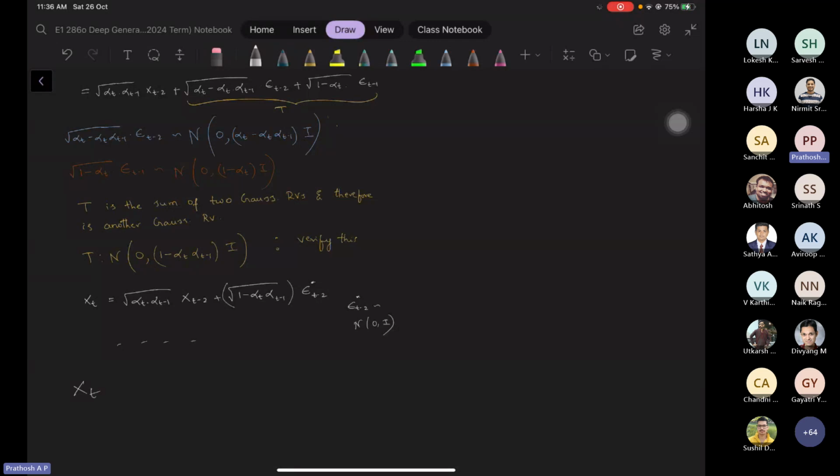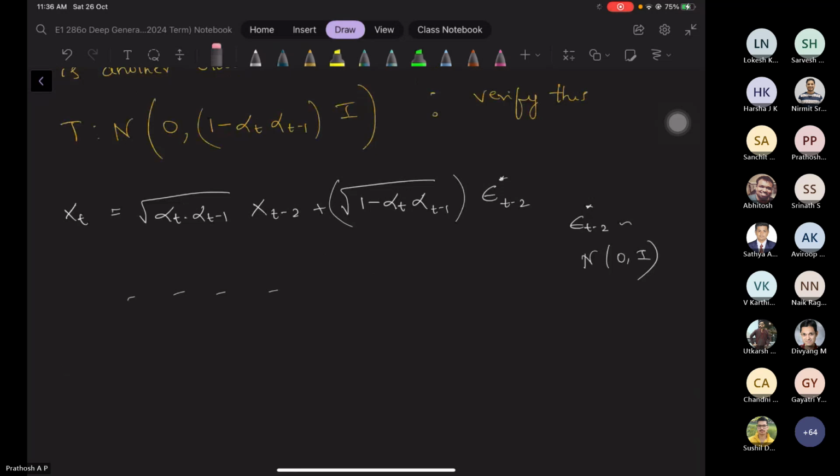This implies that my xt can be written as root of alpha t minus 1 up to alpha 1, right, alpha 1 times x naught, plus root of 1 minus the product of alpha t minus 1 up to alpha 1 times epsilon.